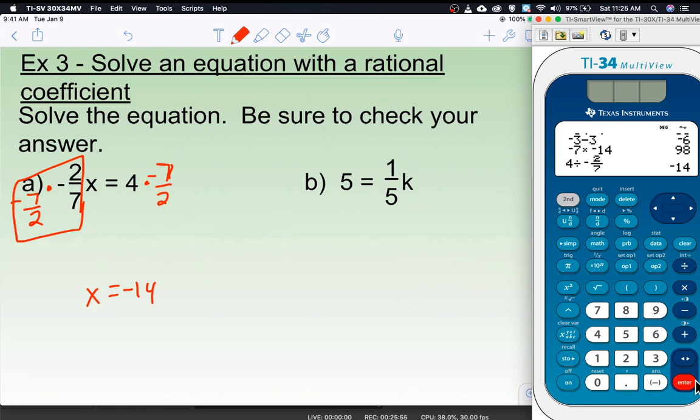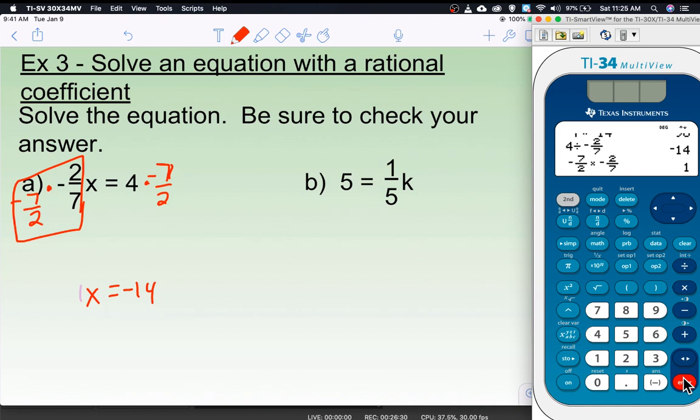A fraction multiplied by its reciprocal cancels itself out. Check this out. Negative 7/2 times negative 2/7 equals 1. This is 1x. We talked about that earlier. We don't need to write that 1. So anytime you take a fraction and you multiply it by its reciprocal, you will always get 1.